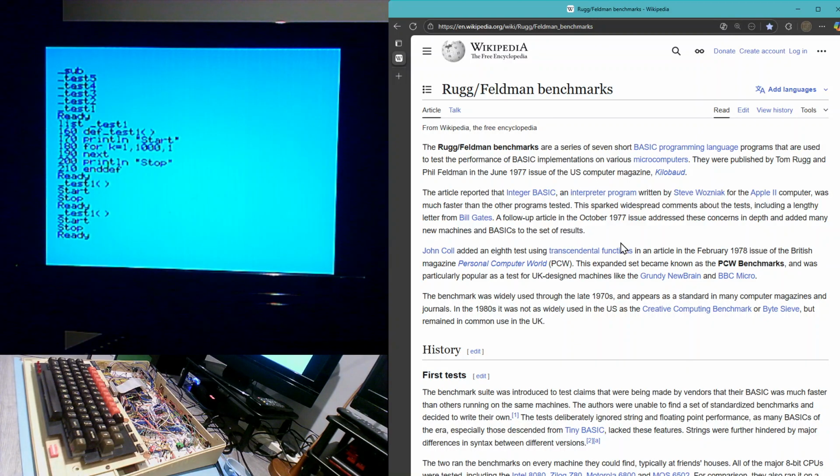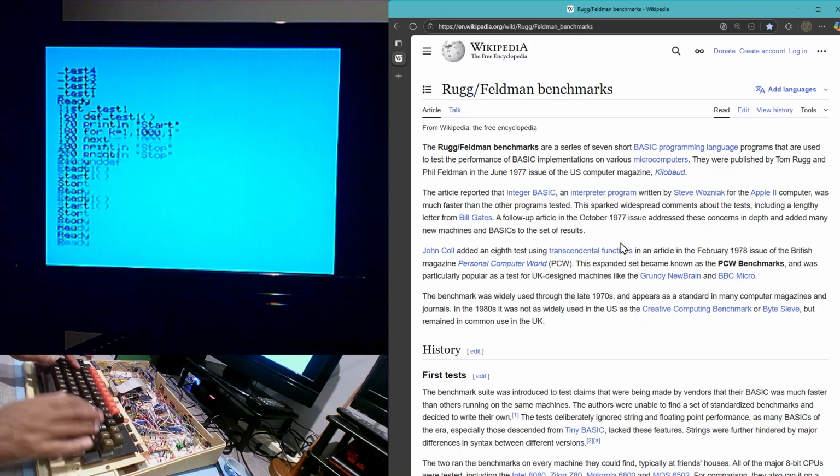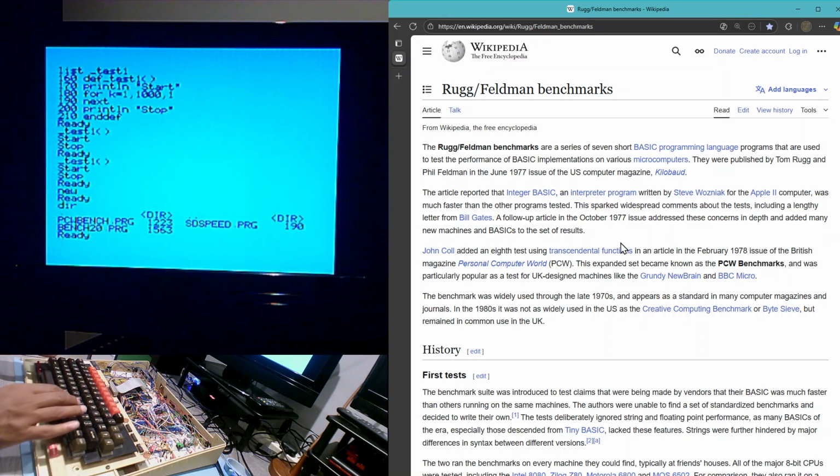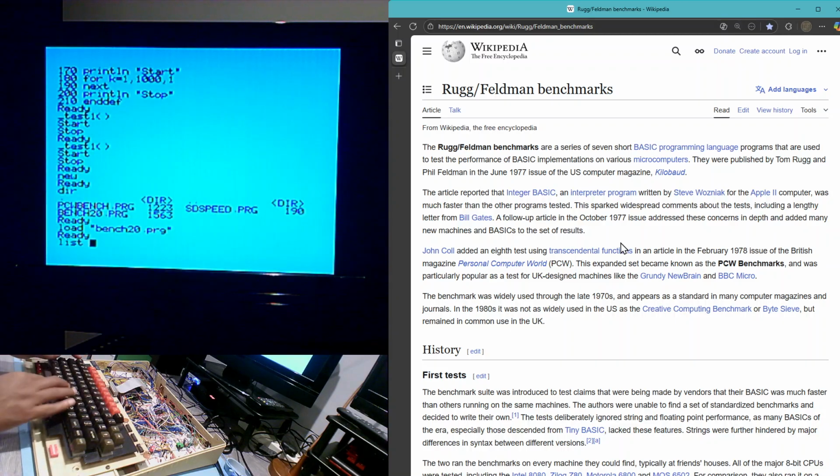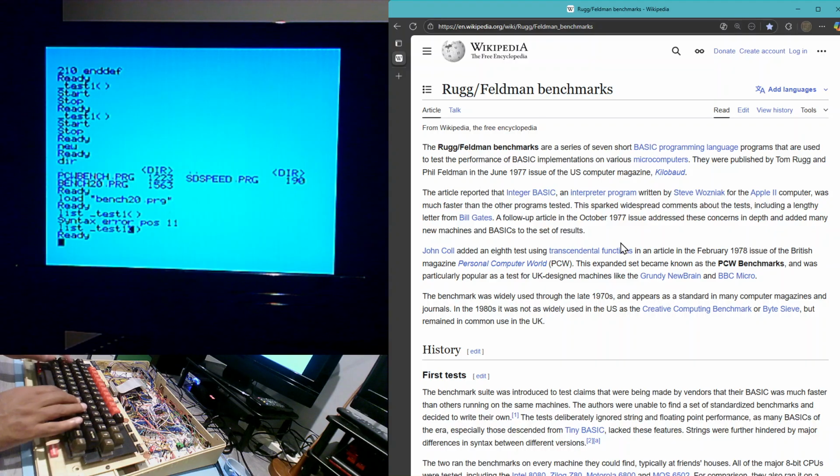So what I've done instead is have one called bench 20. So if I load bench 20, and then I list test one here, I've got to remember my own syntax.